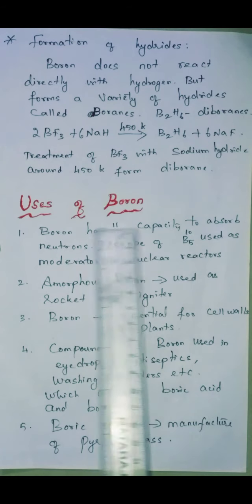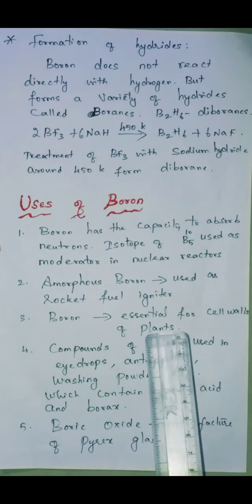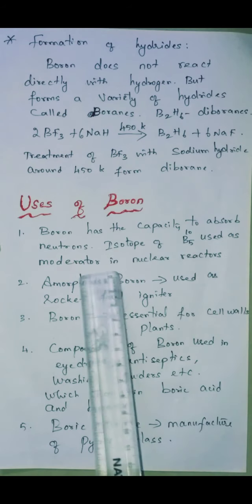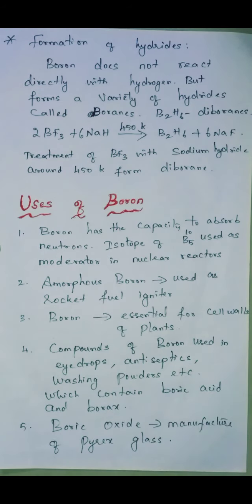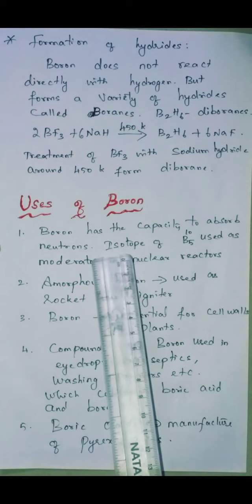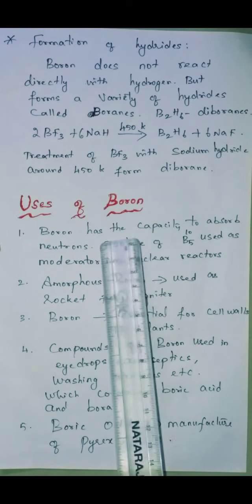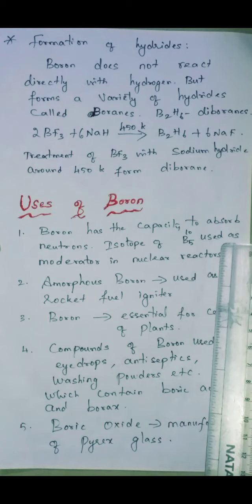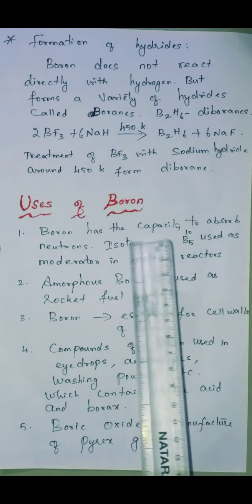Next, uses of boron. Very important 2 mark or 3 mark question. Boron has the capacity to absorb neutrons in nuclear fission or fusion reactions. So to absorb the neutrons, boron is used as a vessel, that is a container made up of boron.